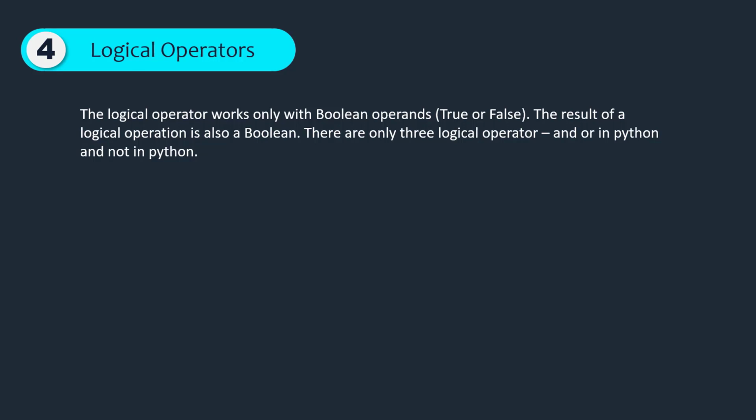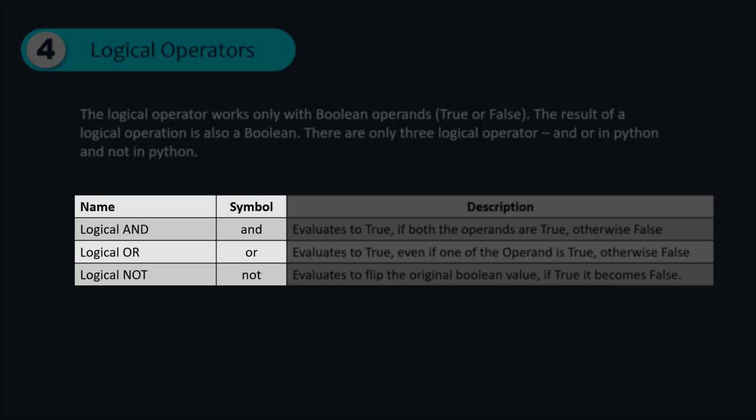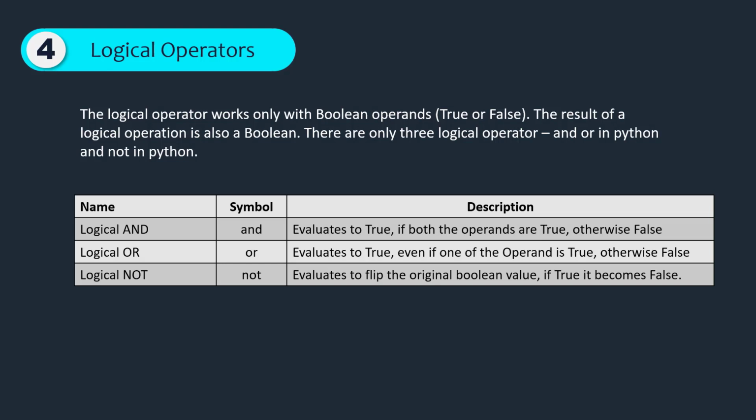And there are three logical operators, which you can see in the table: logical AND, logical OR, and logical NOT. Mostly these are just used to evaluate operands. This is going to be very important when you are trying to filter out two or three expressions together, or when you want to club two or more expressions together.